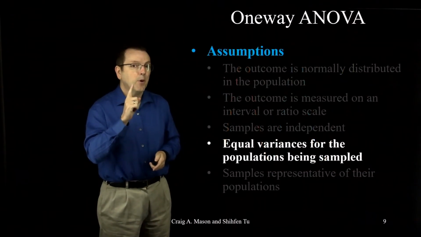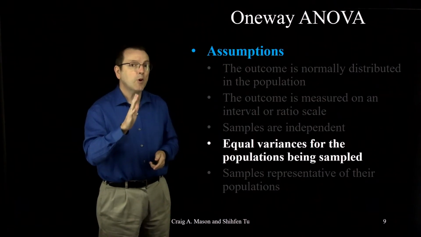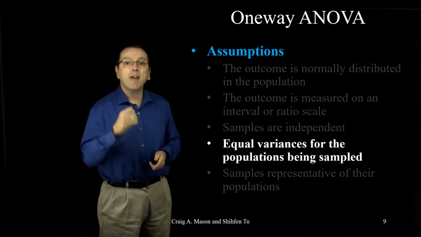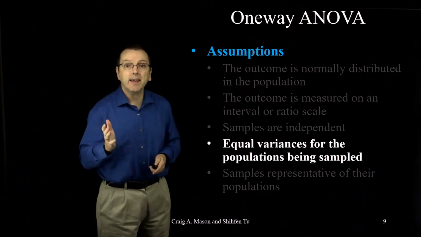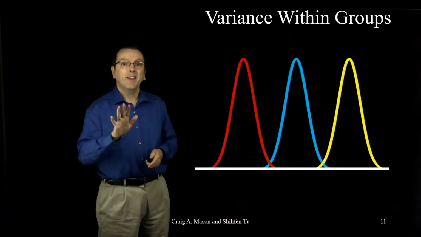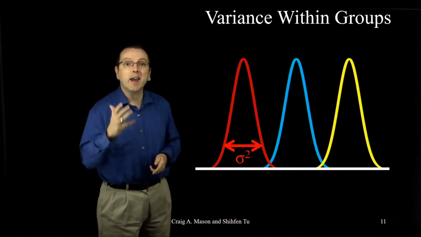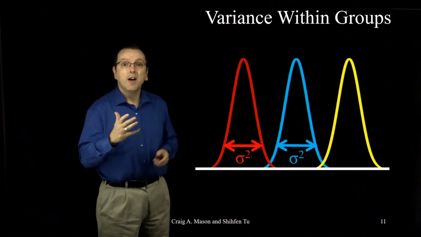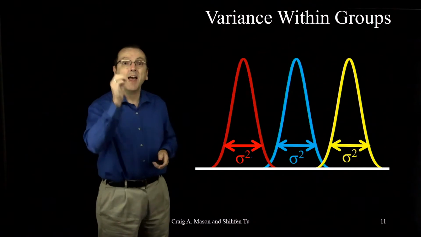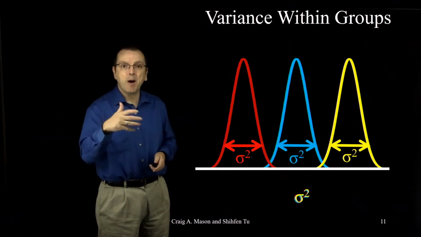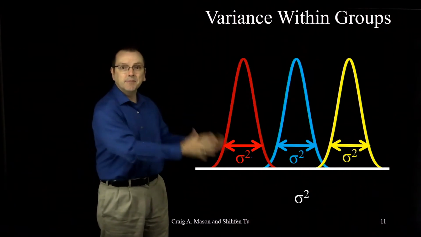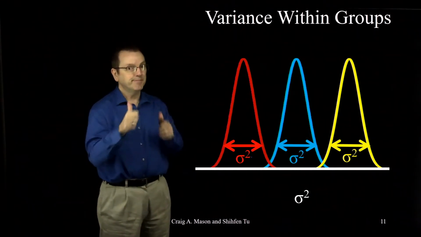But remember, one of the assumptions for a one-way ANOVA is that the variances of the different populations are all equal. They're all the same sigma squared. All 3 sigma squareds have the same value, that common population variance, sigma squared.